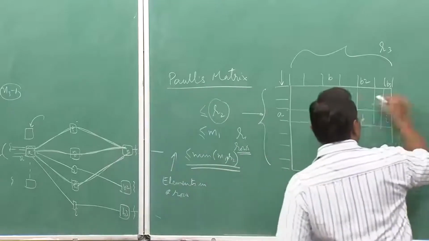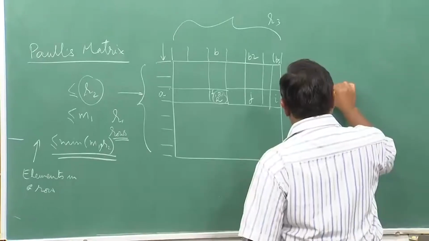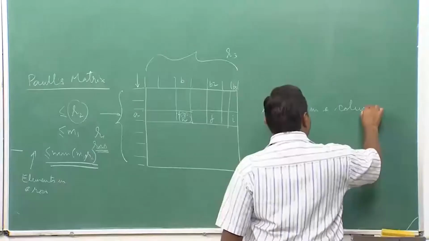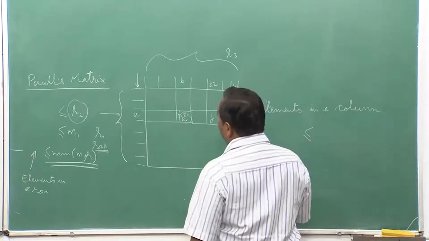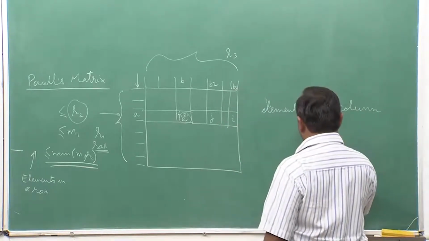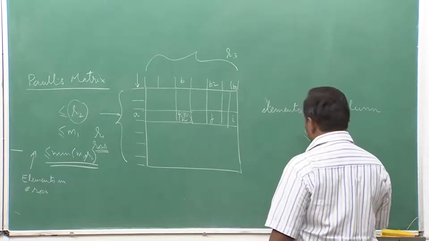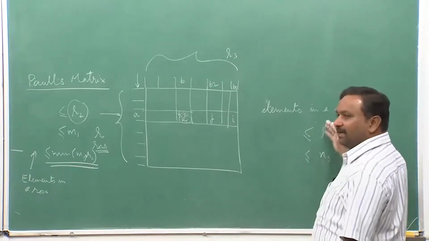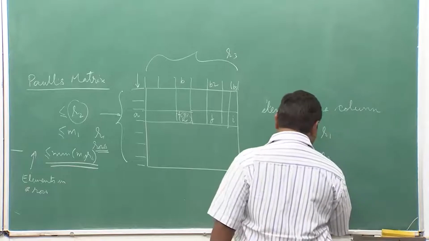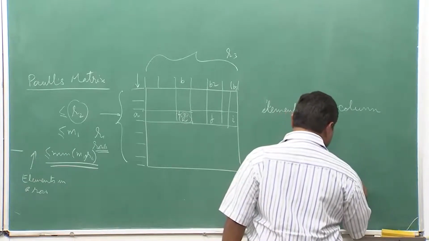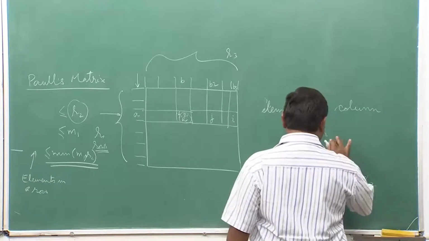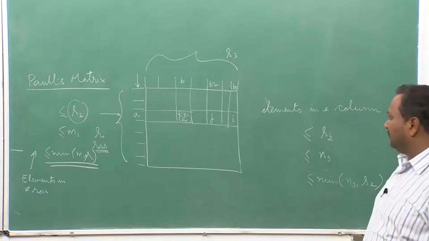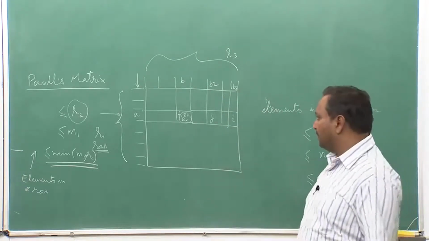So, similarly, there will be the number of elements in a column. So, they have to be less than R1 or they have to be less than N3. They cannot be greater than these two values. So, I can write down they have to be less than the minimum of N3 and R2, sorry, this has to be R2. A very similar condition also holds on the elements in the column.